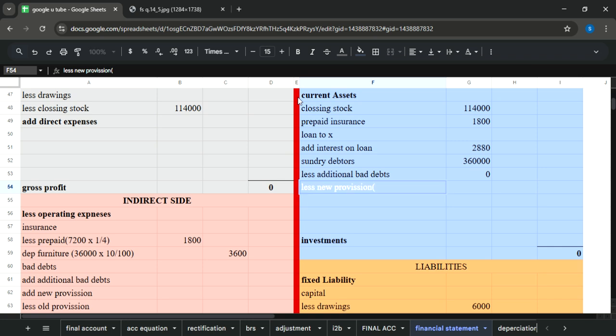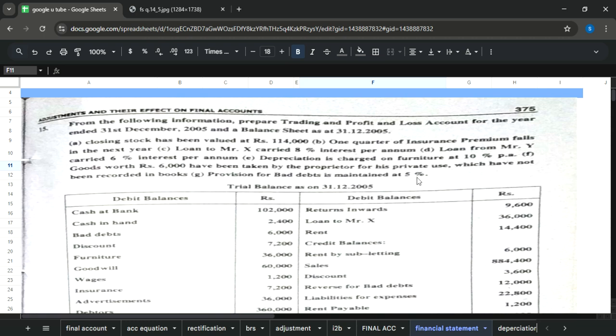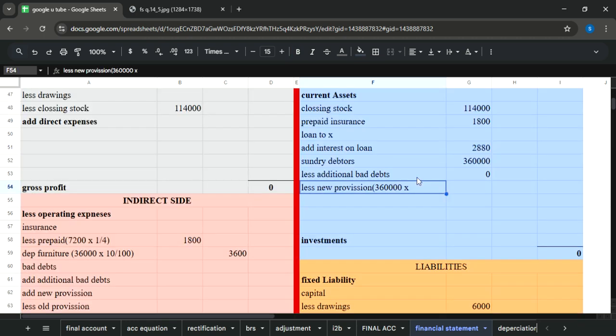Here 3,60,000 was amount of debtor. You will multiply it. Let's check it out how much percentage was for. It is 5%. So here you will multiply it with 5 divided by 100. In this way you will calculate new provision. Once again, how? 3,60,000 was amount of debtors, and you will multiply it with 5 and divided by 100.